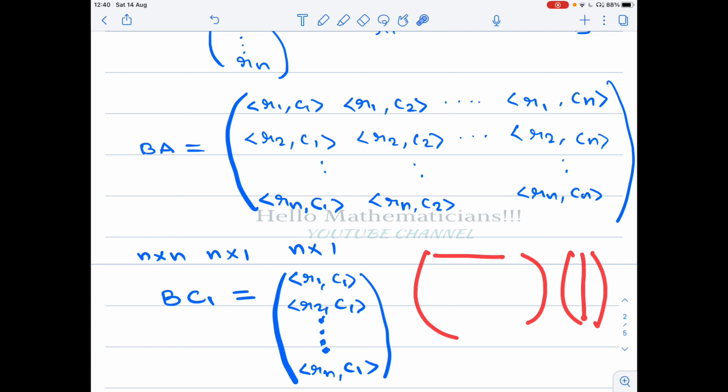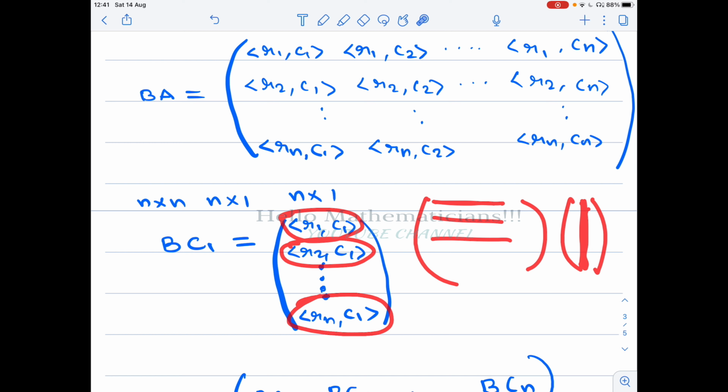Again, first row into this column, second row into this column, and so on. Basically, that means the first row's inner product with this column, so the inner product of R1 and C1, then the inner product of R2 and C1, etc., up to the inner product of Rn and C1.